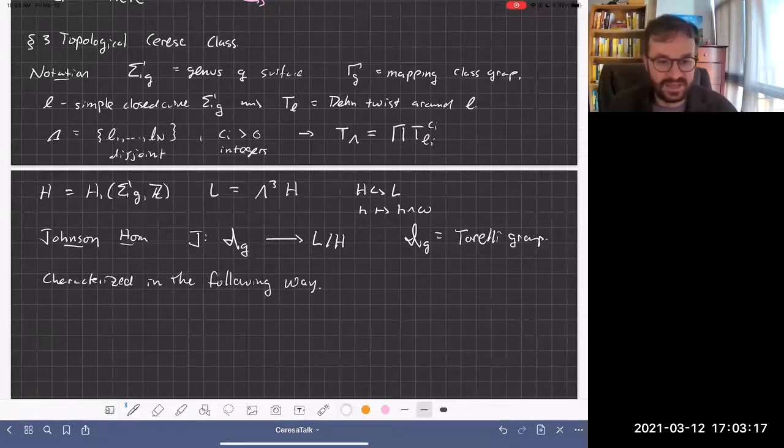First note that the Torelli group has generators given by Dehn twists over separating curves and Dehn twists over bounding pair maps.